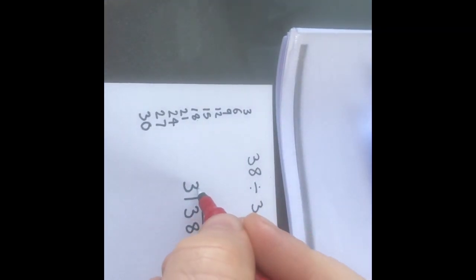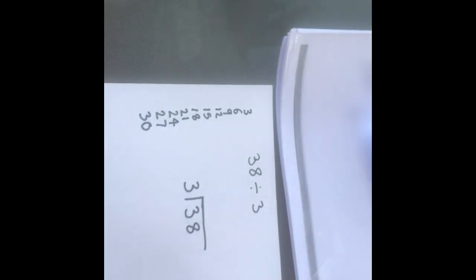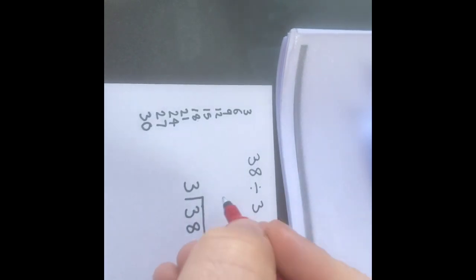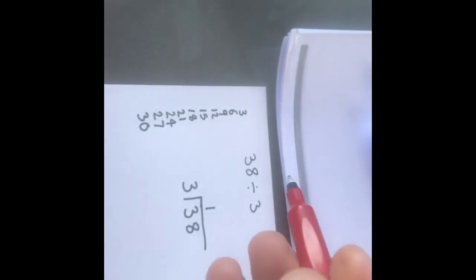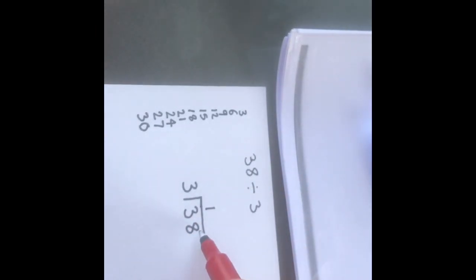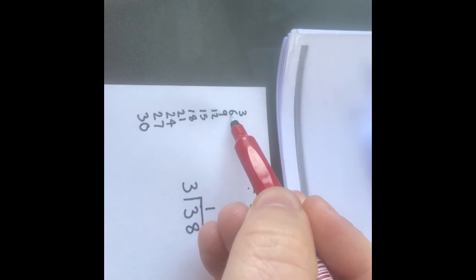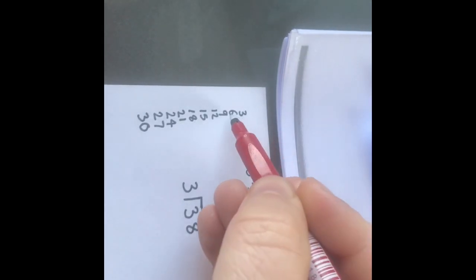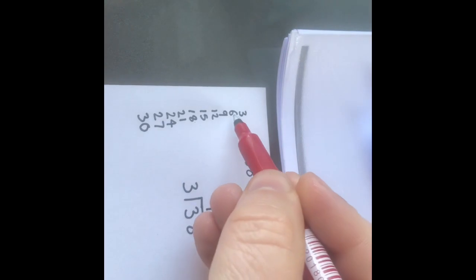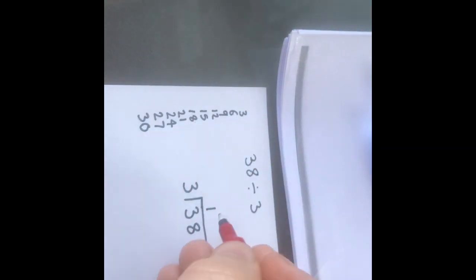Right. First question, how many threes go into 3? It's 1. So we write 1 in. Now, how many threes go into 8? Let's have a look. 3, 6, 9. 6 goes into 8, but 9 would be too many. So it's 2 lots of 3. So we write 2.